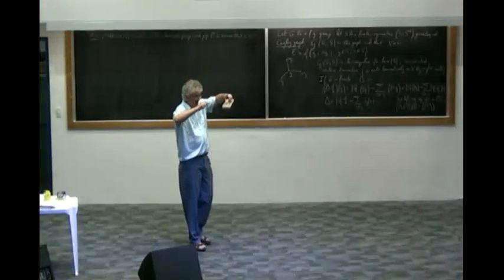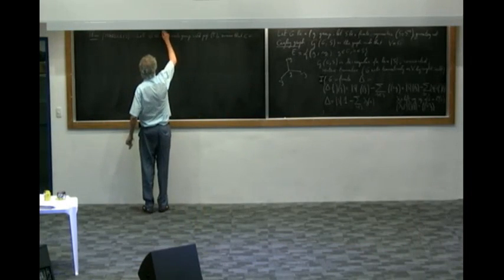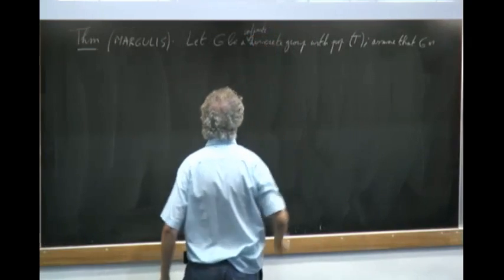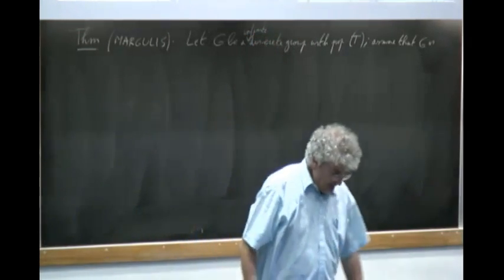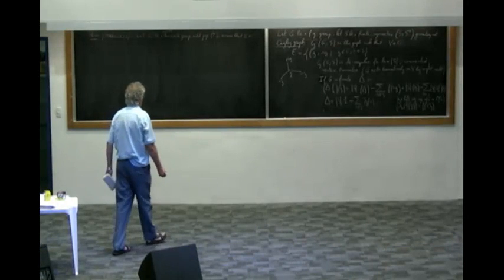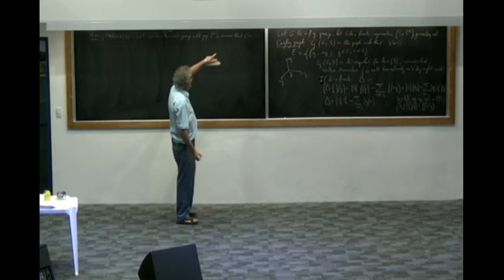Namely, we start from an infinite discrete group with property T, and we are going to take quotients, and the expanders will be Cayley graphs of finite quotients.